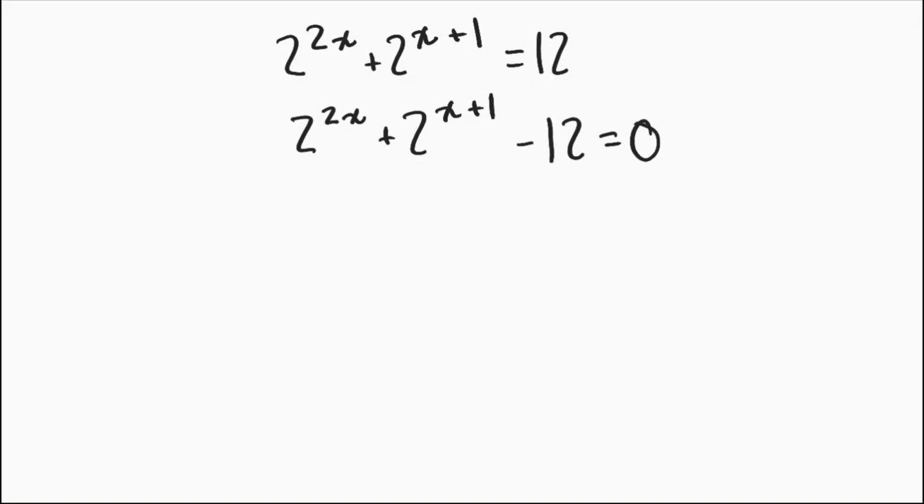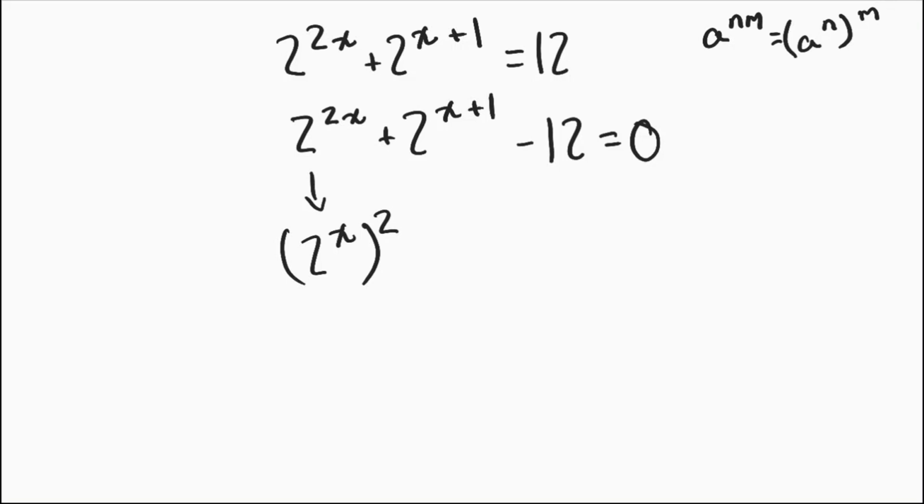One of the exponent laws that we can use in this equation is that a^(nm) is the same thing as (a^n)^m. Using this property here, we can change 2^(2x) into (2^x)^2.